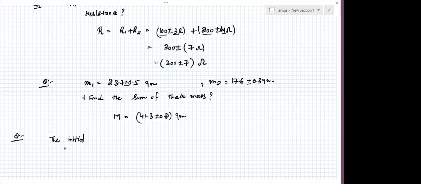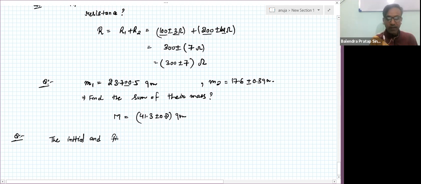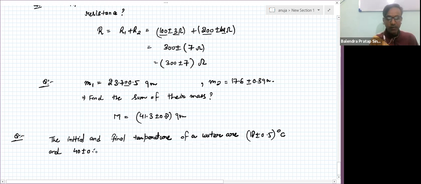Okay, the initial and final temperature of water are basically 18 plus minus 0.5 degrees Celsius and 40 plus minus 0.3 degrees Celsius.